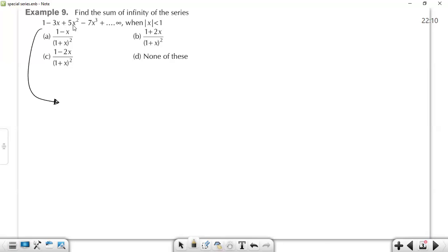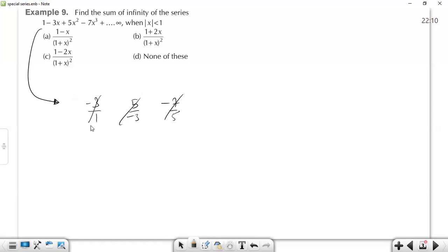It seems like the degree is increasing regularly by 1, so it can be a GP, but as we look for the common ratio, let's do it orderly: minus 3 divided by 1, 5 divided by minus 3, minus 7 divided by 5. The ratio is not common, so it's not a GP.